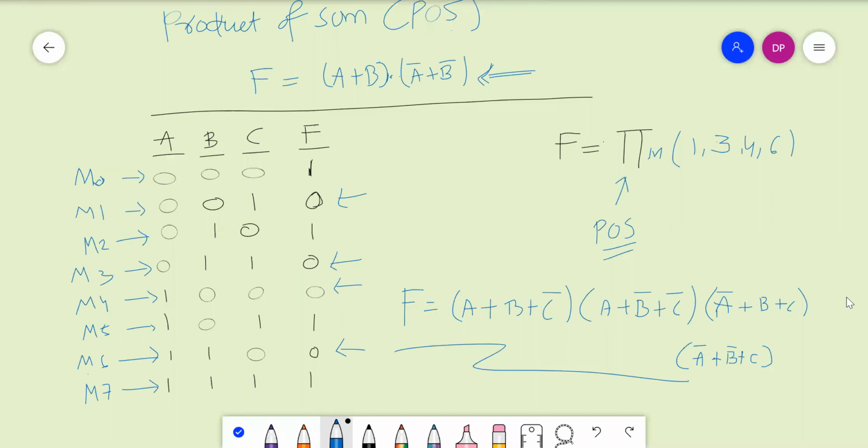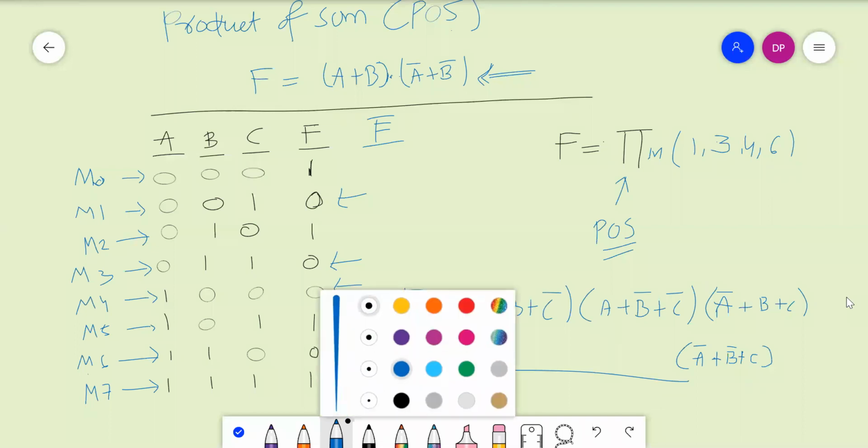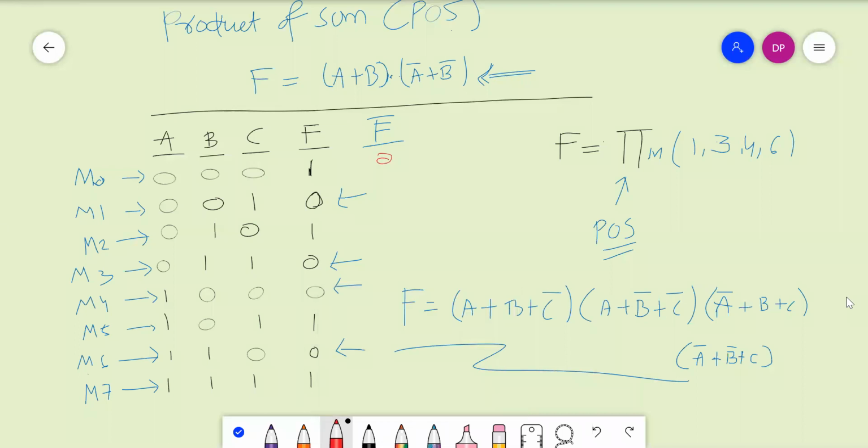Right. So now what we'll do, let's see. If I take F complement here, what will be the answer? 0, 1, 0, 1, 0, 1, 1, 0, 1, 0.